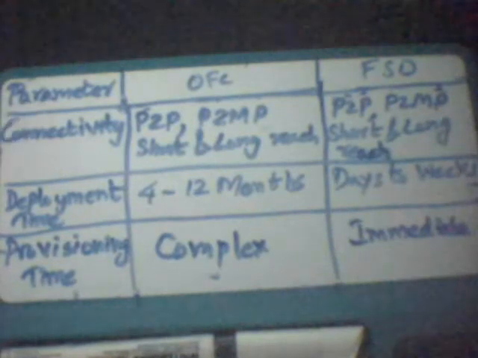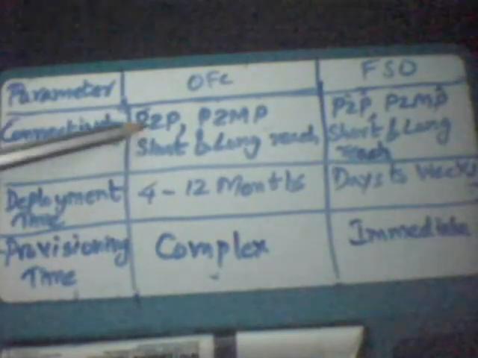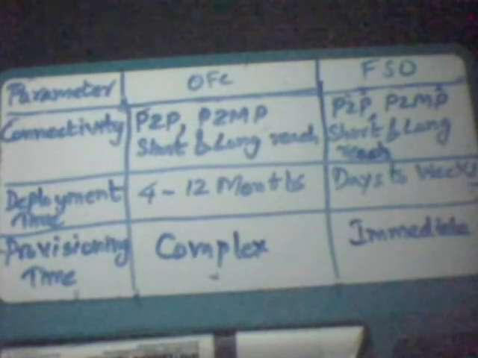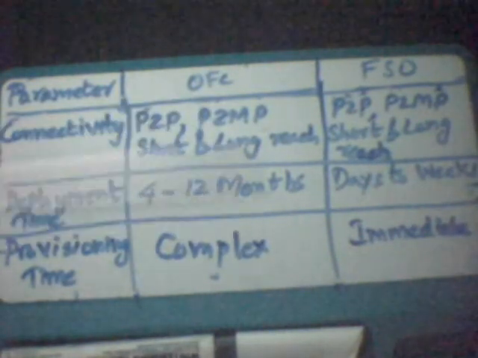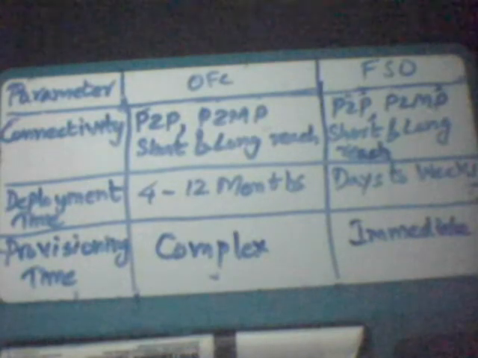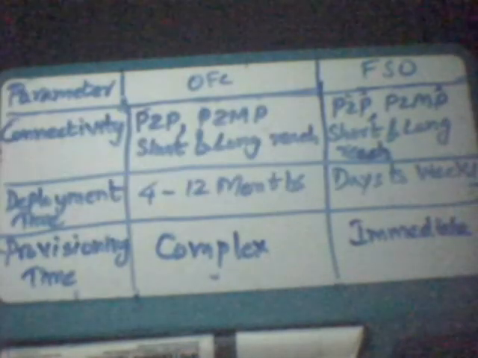Regarding connectivity, optical fiber cables are used for point-to-point and point-to-multipoint short and long haul communications, and free space optics again are used for point-to-point and point-to-multipoint short and long haul reach. The deployment time for optical fiber cables will be 4 to 12 months, whereas for free space optics it will be from days to weeks.